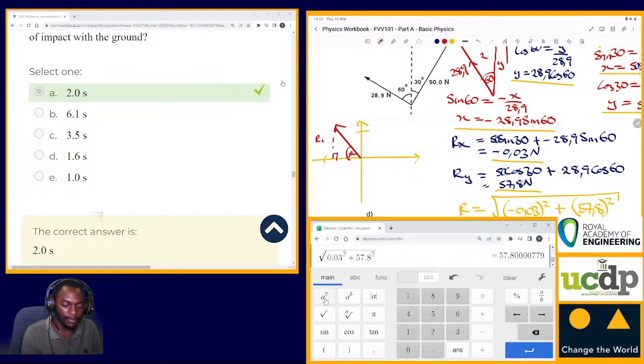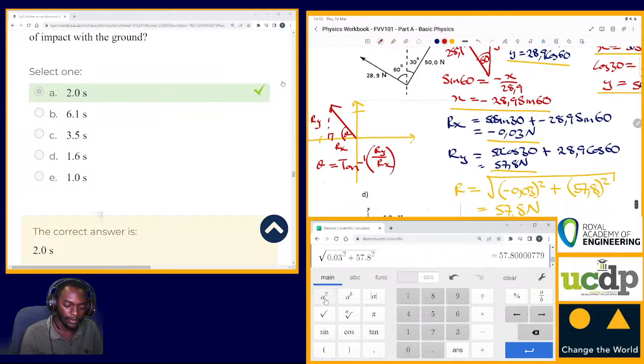Here we've got r y, and here we've got r x. So theta is arctan of r y over r x. So this will be equal to arctan of r y, we got 57.8, r x we got 0.03. Okay.